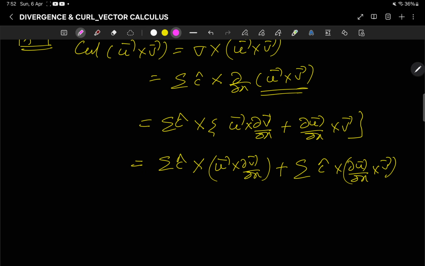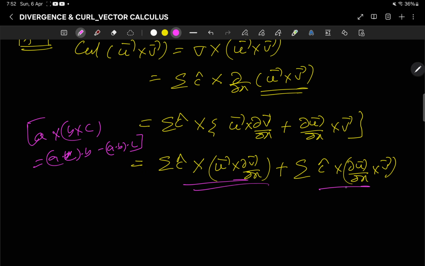You can apply the formula here. a cross b cross c is equal to a dot c b minus a dot b c. You can apply this to the individual summations here.